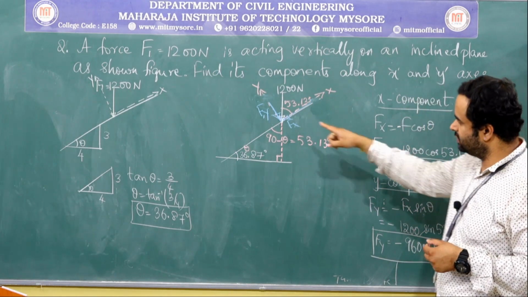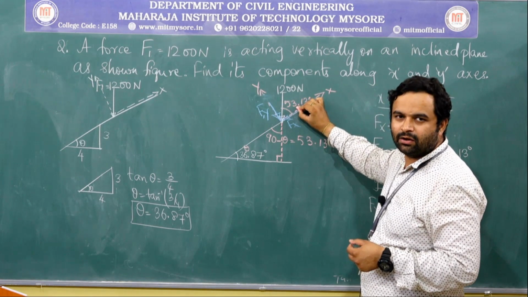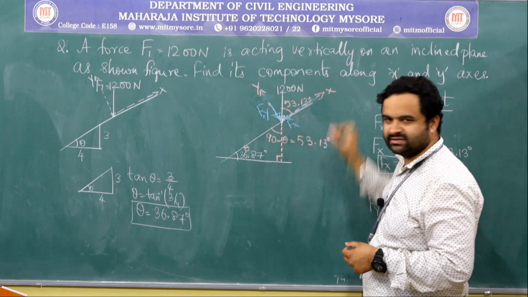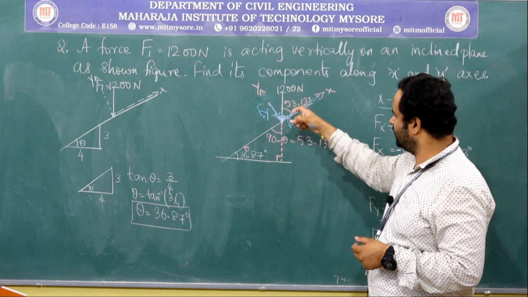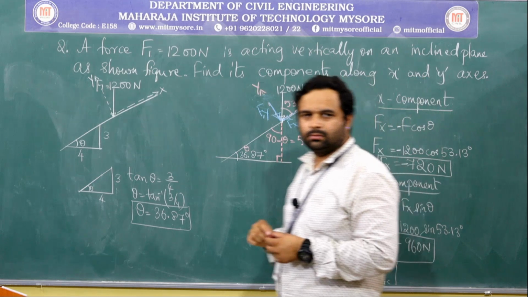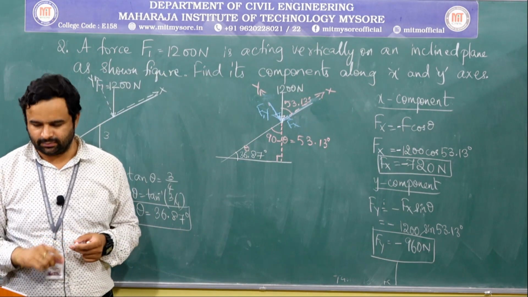And then when you try to resolve, this 53.13 will be the angle of inclination which this force makes with respect to the x axis or the horizontal. Okay. Next, calculate the fx value and fy value as shown. Clear? Okay. Now let us move on to the next numerical.